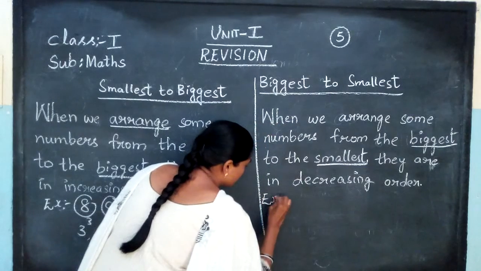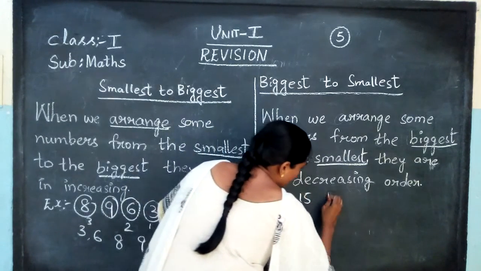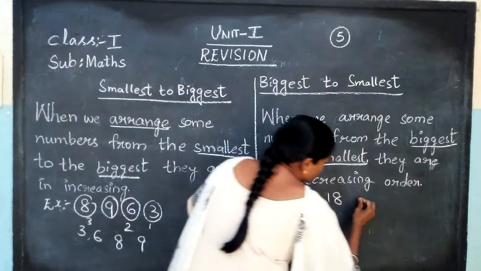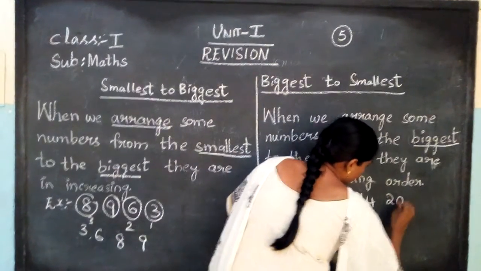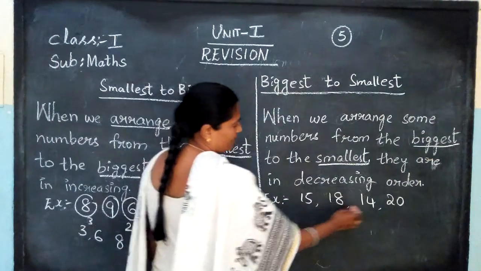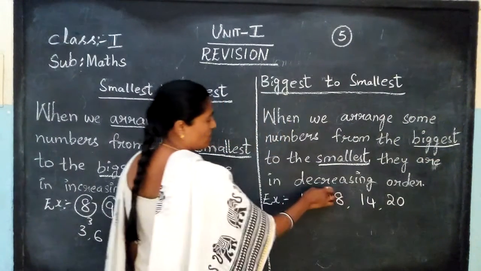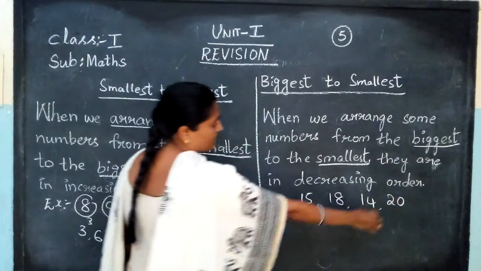Examples: 15, 18, 14 and 20. Decreasing order means big number to the small number. In these four numbers, which one is the big number?